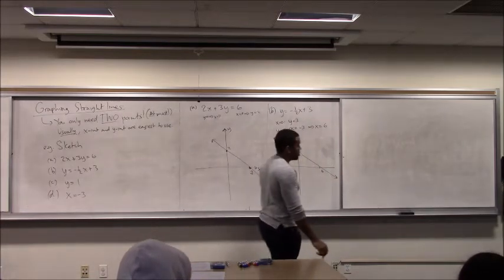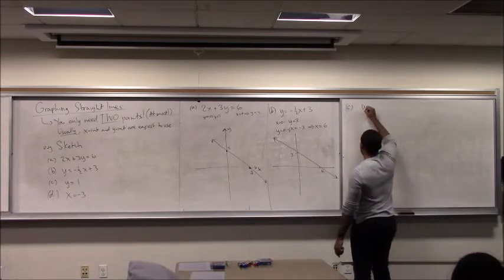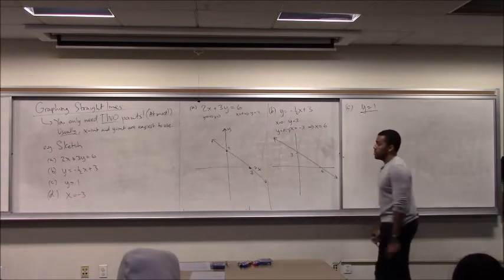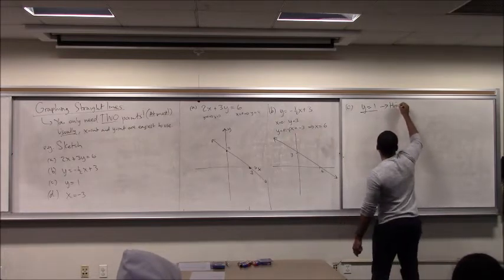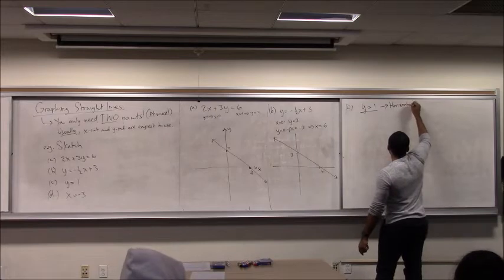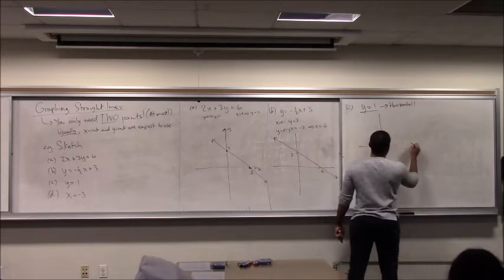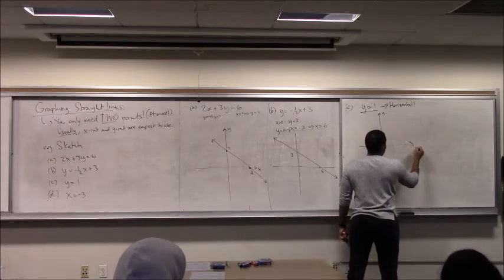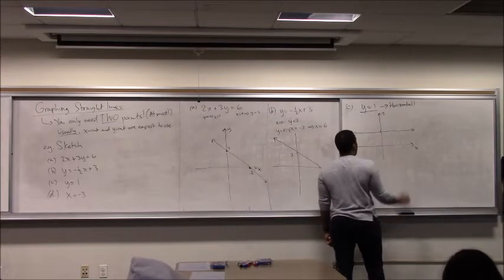C. Sketch y equals 1. Well, that you know is horizontal, so you don't even need 2 points here. You should recognize that that's the equation for a horizontal line. So you just draw your xy axis, and just draw a horizontal line passing through y equals 1.